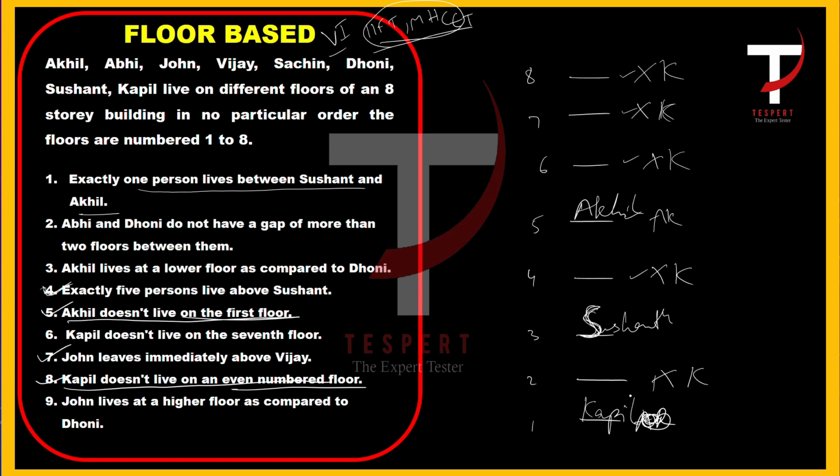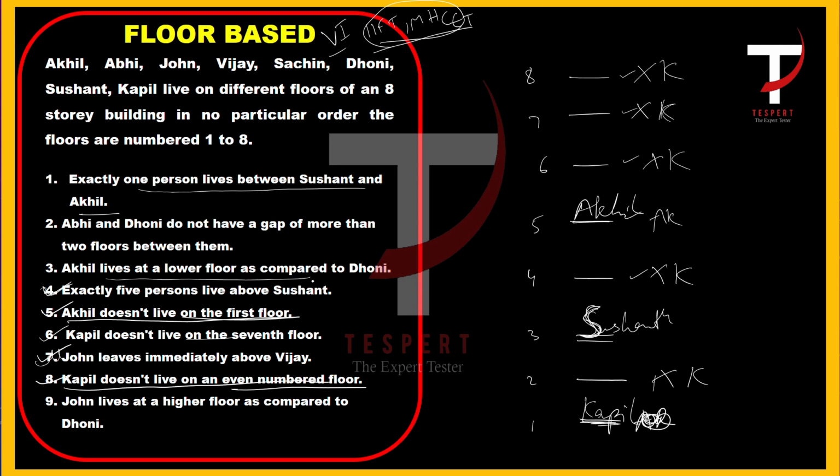In statement 6 it is given that Kapil doesn't live on the 7th floor, and the remaining are all even and also occupied by Akhil and Sushant. So 1 is the only floor which is vacant for Kapil. Right.